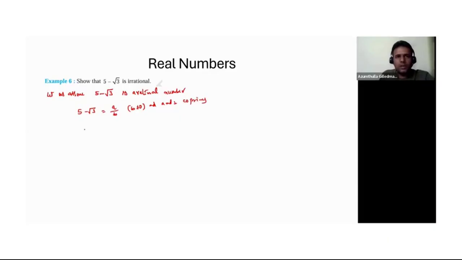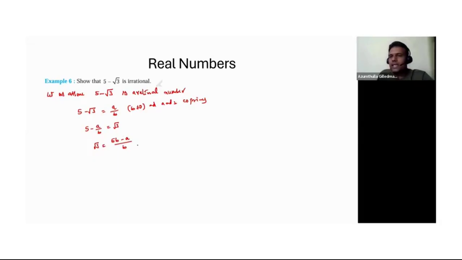Now, if I rearrange, can I write 5 minus A by B as root 3? Then can I write root 3 as (5B minus A) by B?